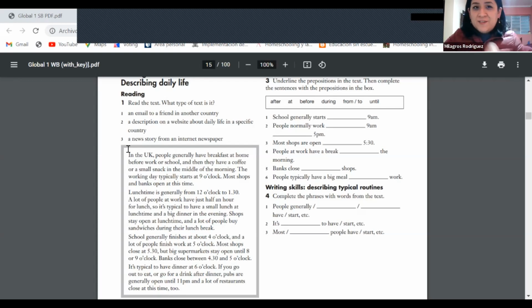A ver, estas preposiciones, these prepositions are included in the text, ¿no? Están incluidas en algún lugar del texto. Vamos a ir pensando un poco en su traducción, ¿verdad? Por ejemplo, ¿cuál de estas palabras se podría traducir como hasta?